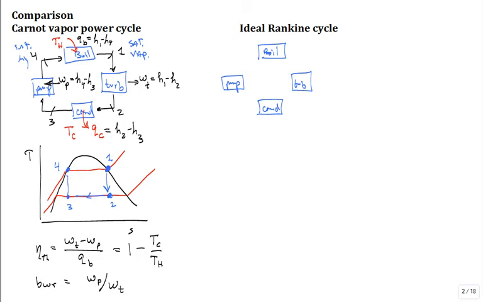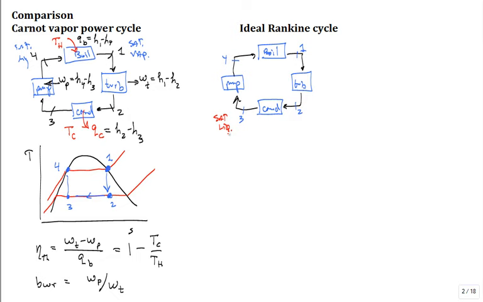So when we draw the cycle and introduce our states 1, 2, 3, and 4, we'll say that state 3 is saturated liquid to make that pump happy. Where was saturated liquid for the Carnot?